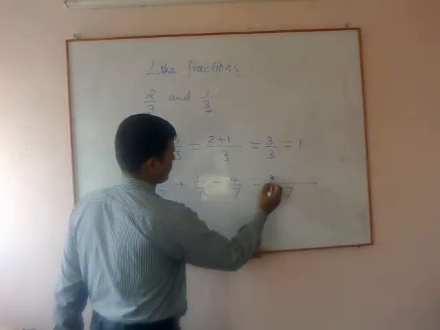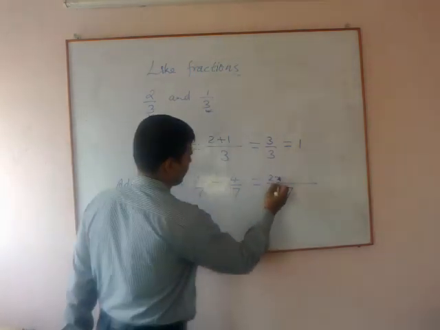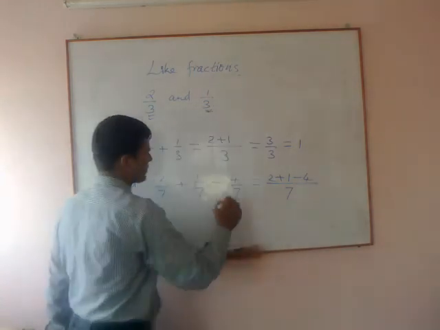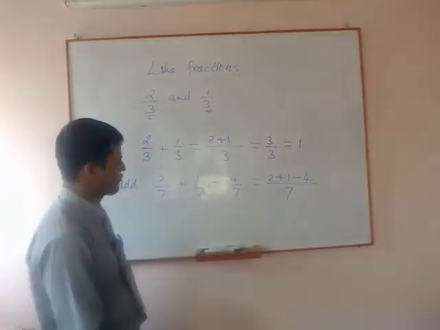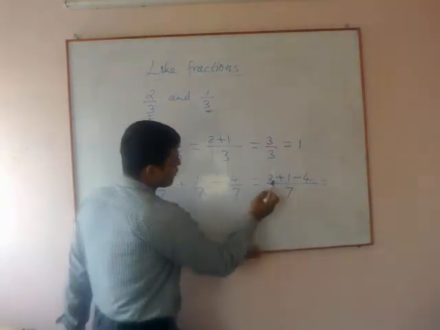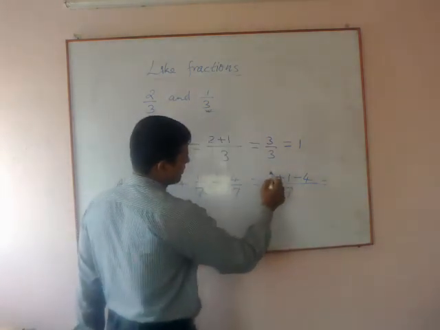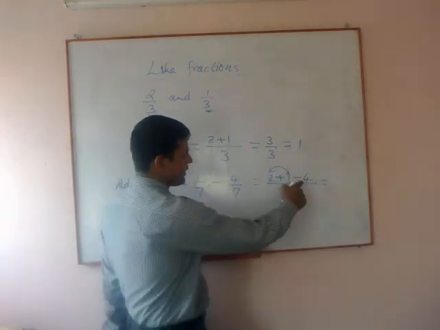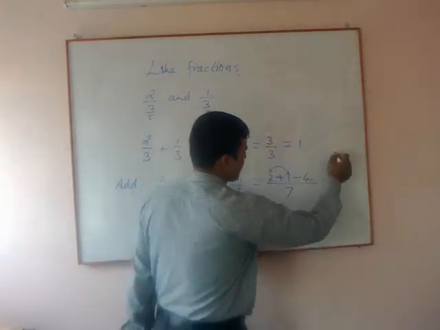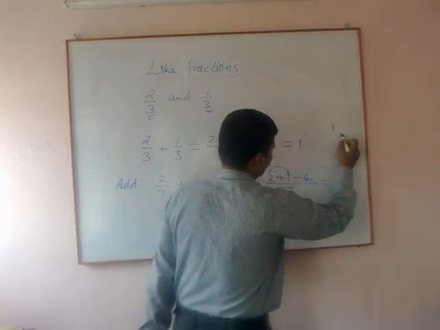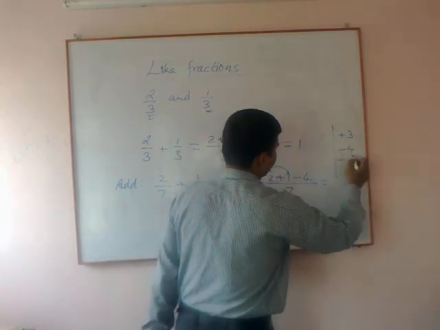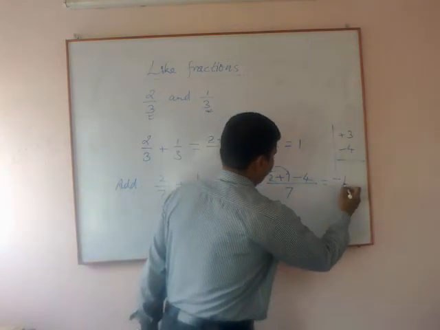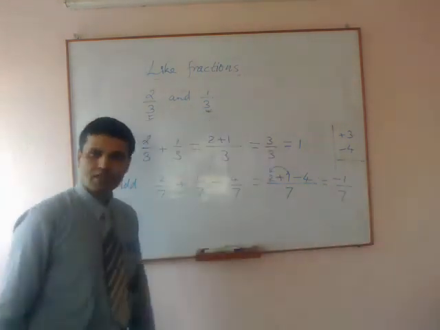Here is 2, then plus 1, here is minus 4. This fraction is being subtracted, so minus 4 equals. Now 2 plus 1, both are plus, so we get 3 here, and here is minus 4, so we get plus 3 and minus 4. The difference will be minus 1 over 7. That's the answer.